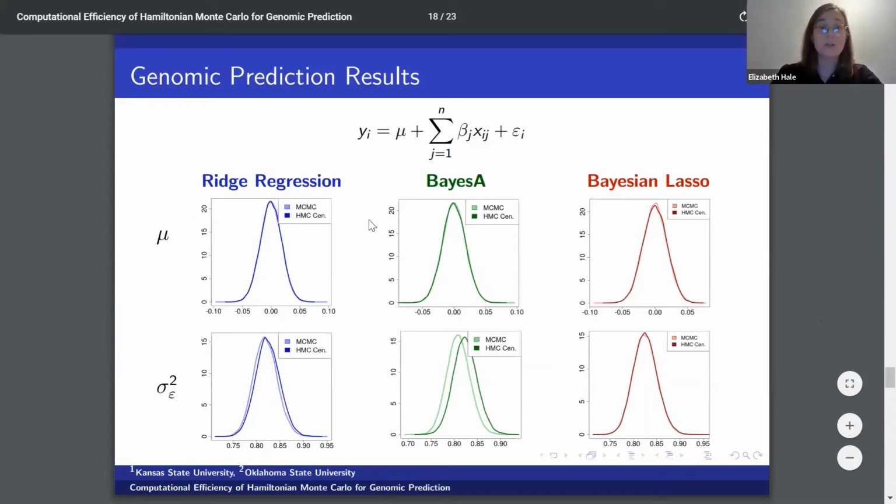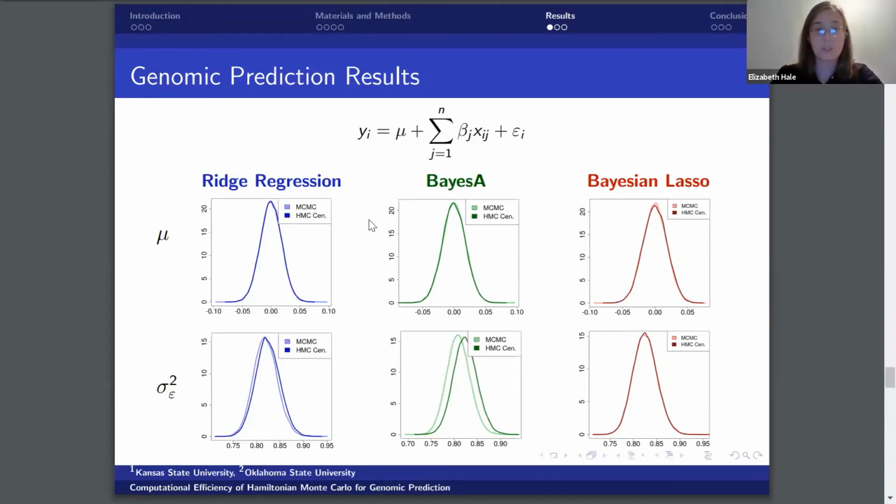Like I said earlier, the centered HMC and the non-centered HMC produced identical results. They appear to agree more or less across the board. The only one that looks a little bit iffy is going to be the Bayes A with the variance. If you look at the scale on that, it's actually a minuscule difference. You're looking at hundredths and thousandths place, and it can be entirely attributed to the fact that they are sampling from different prior distributions.